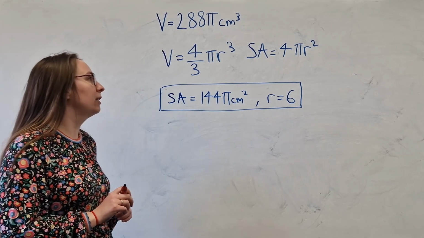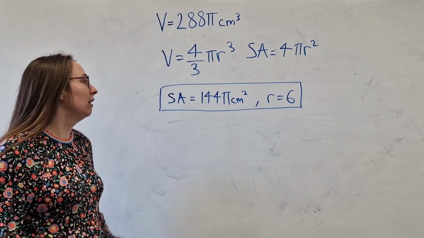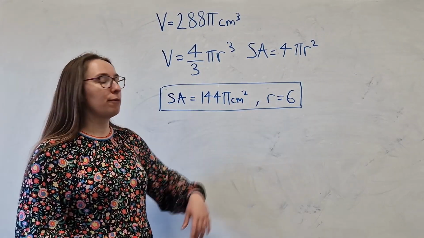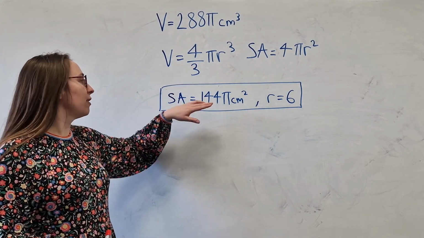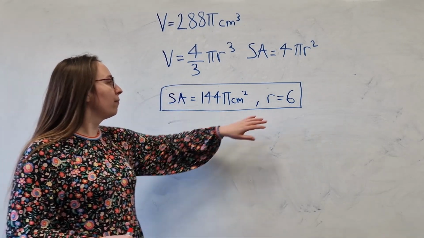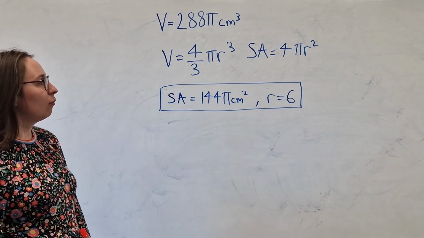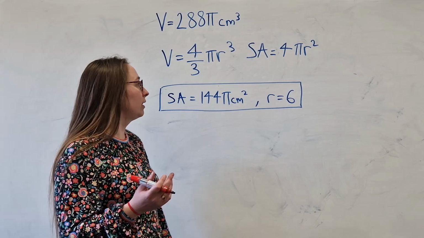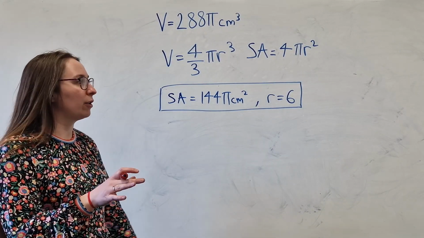So in part B of the question, we're asked to find the surface area of half a sphere, or a hemisphere. So we're going to use these 2 bits of information from part A. The surface area of the whole sphere is 144 pi, and the radius of the sphere is 6. Now, what loads of people will do in this question, it's a really common mistake, they'll just take the surface area of the sphere and divide it by 2.